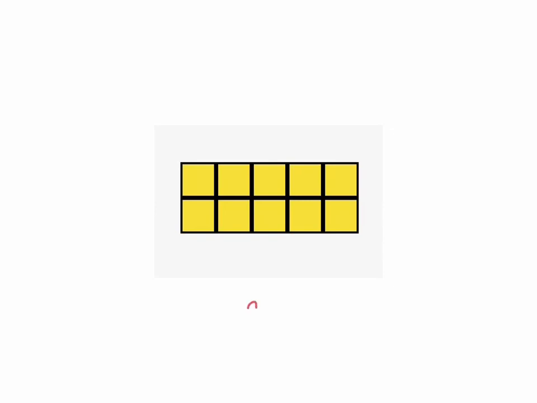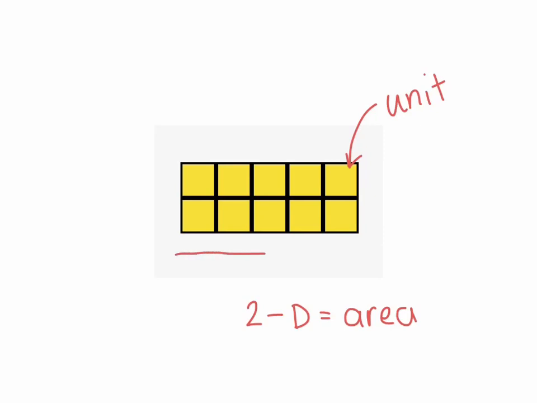This is a two-dimensional figure, which means we're going to find out the area. And each one of these cubes is called a unit. Okay? And as we look at this, this row is the length, and this is the width.